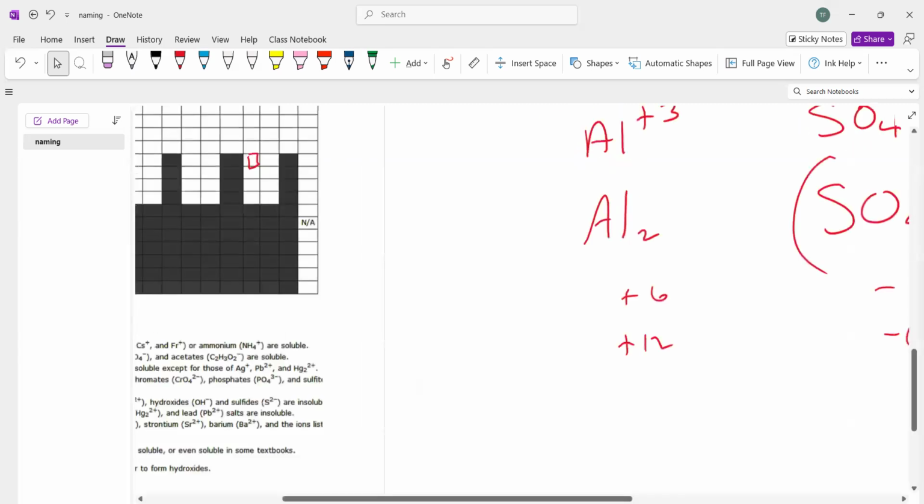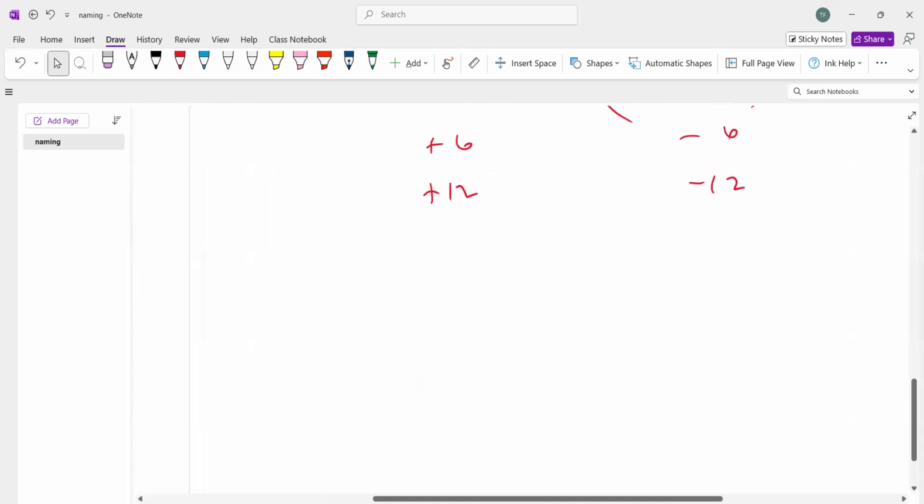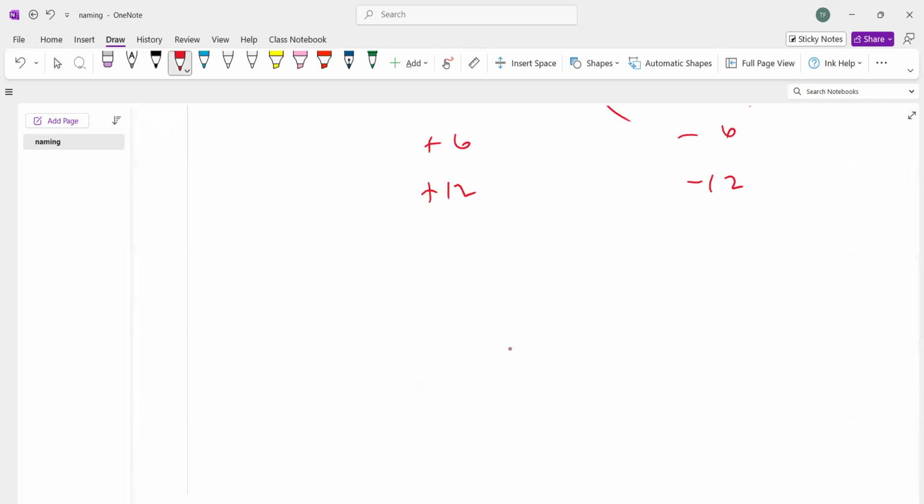So how would you name that? Vanadium sulfate. Now, if you notice on your common ion chart, there are what? 3 vanadiums.